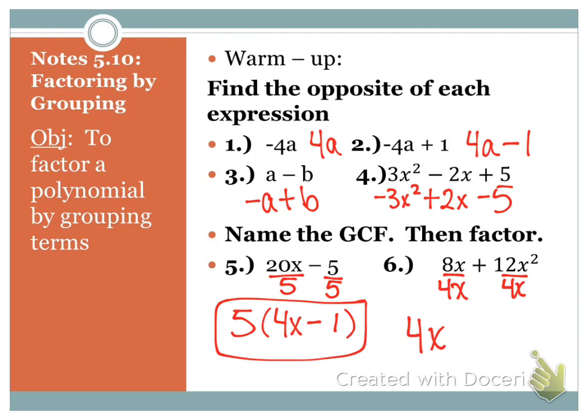Again, our GCF is written outside parentheses. Who can tell me what's left when we factor that GCF? So after we factor out that GCF, we're left with 2 plus 3x. Questions about our warm-ups?